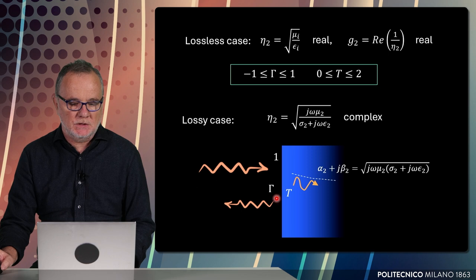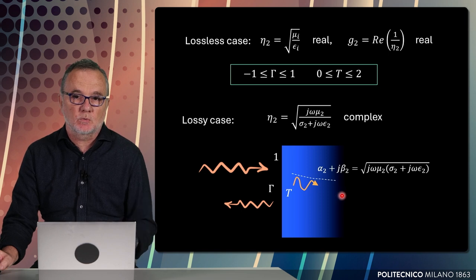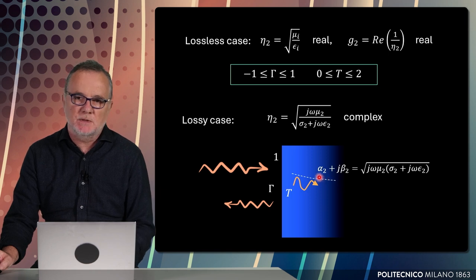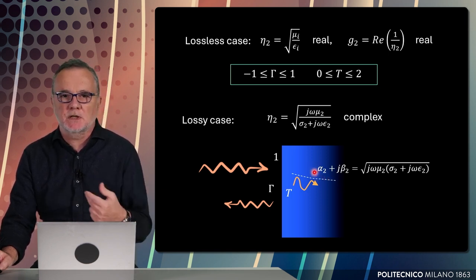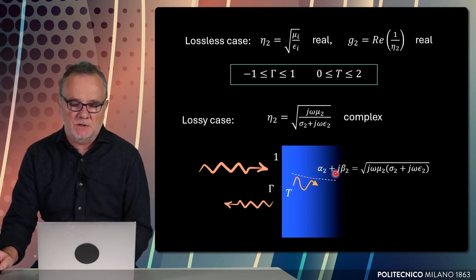So associated to the reflected wave and the transmitted wave, in particular the transmitted wave, there is also an attenuation. What happens in material 2, when it is lossy, is simply an attenuation of the transmitted wave, which in its propagation in material 2 loses amplitude because of absorption of material 2 itself.